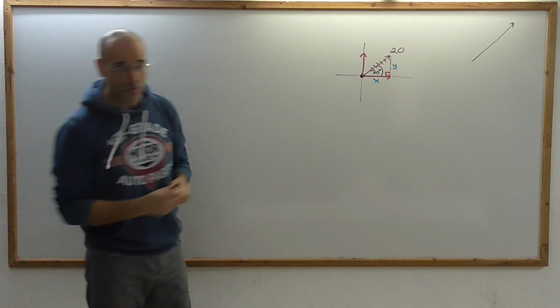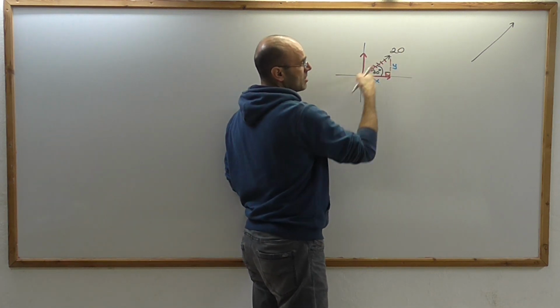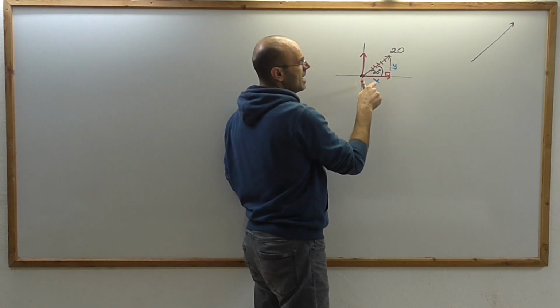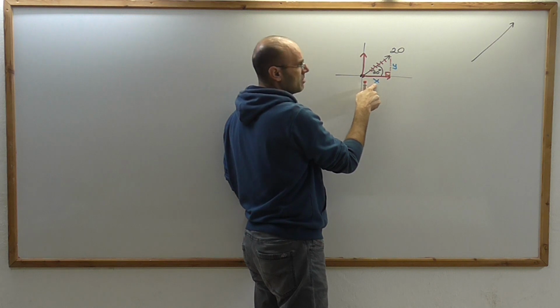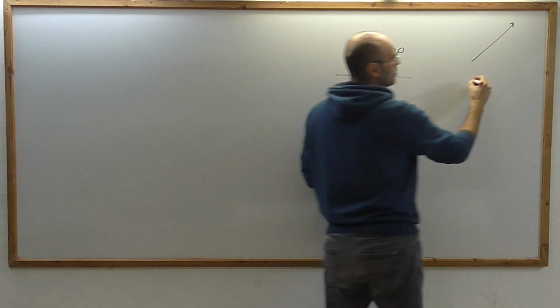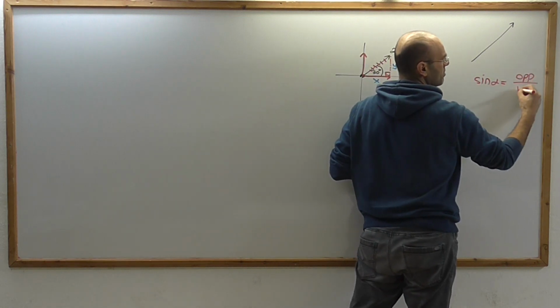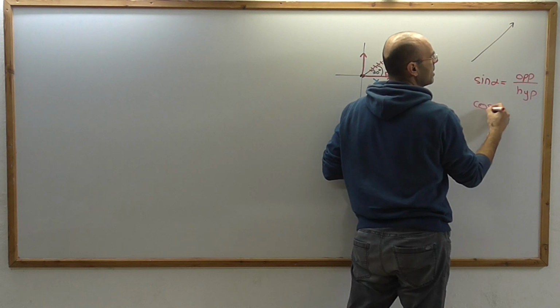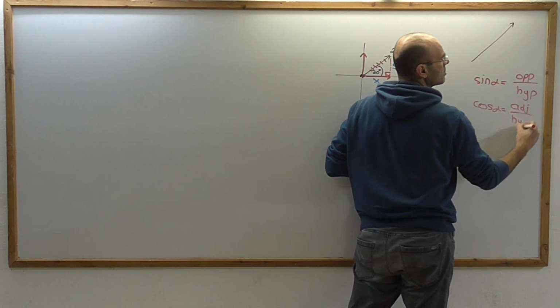Now we learned the right triangle, and we know that 20 is the hypotenuse, and x is the adjacent side, beside, next to the 30. So I remind you, sine alpha is opposite over hypotenuse. Cosine alpha is adjacent over hypotenuse.